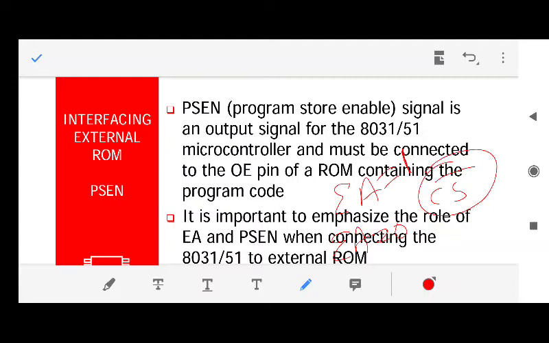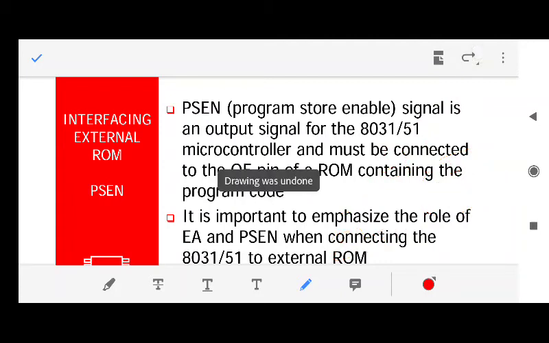You have also studied one more special pin, which is known as address latch enable. What will the address latch enable do? It is not active low. When it is 1, it means the port P0 is address. When it is 0, it means the port P0 is data. Now we have one more very important pin, known as PSEN, program store enable.